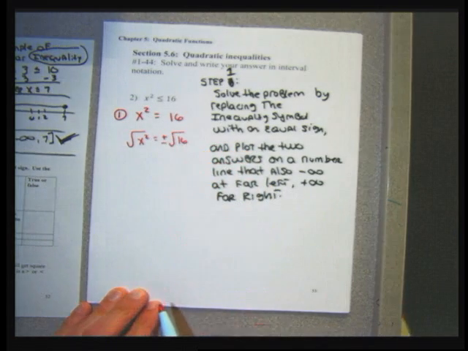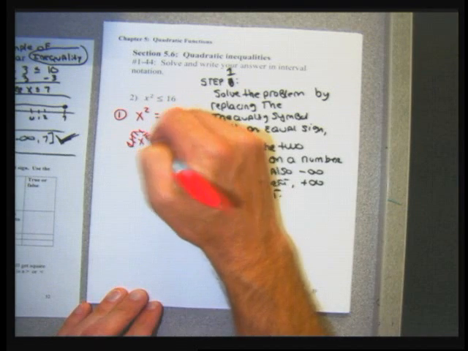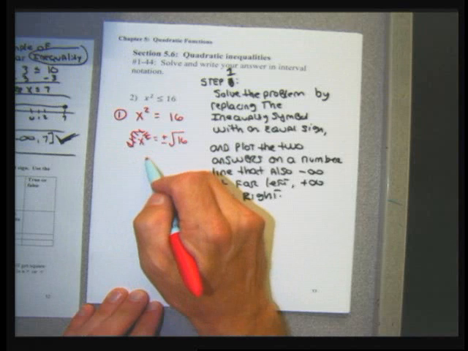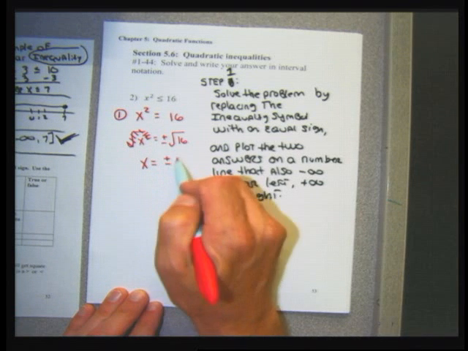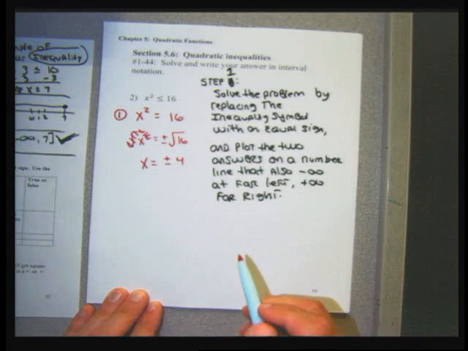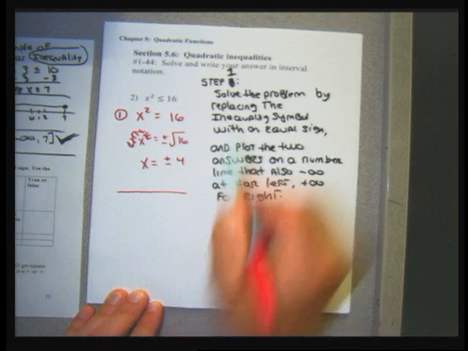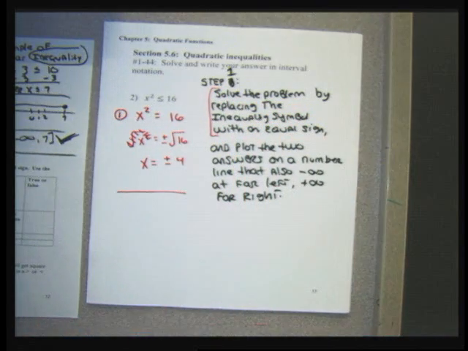On the left side, when you square root something squared, you cancel out the exponents. The square root cancels out the exponent. It leaves me the x. And on the right side, the square root of 16 is 4. So my answers to this are positive and negative 4. So this is this. Solve the inequality by replacing the inequality symbol with an equal sign.